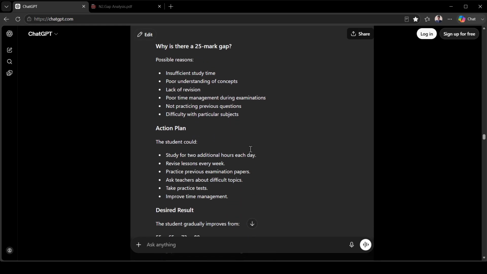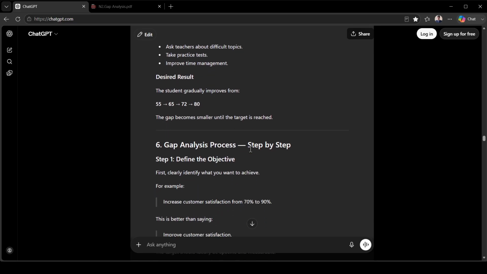Action plan: the student could study for 2 additional hours each day, revise lessons every week, practice previous examination papers, ask teachers about difficult topics, take practice tests, and improve time management. Desired result: the student gradually improves from 55 to 65, 65 to 72, 72 to 80, and the gap becomes smaller until the target is reached.